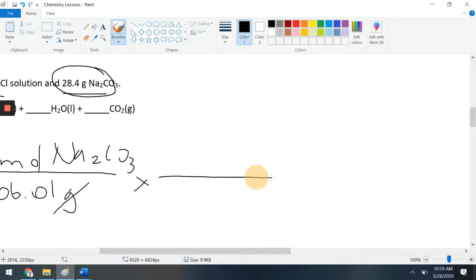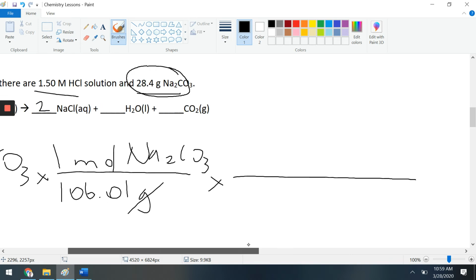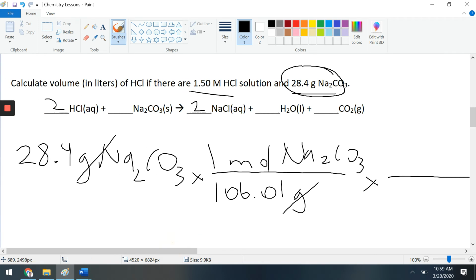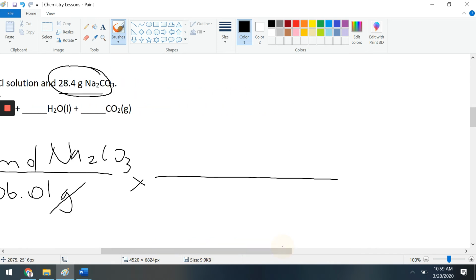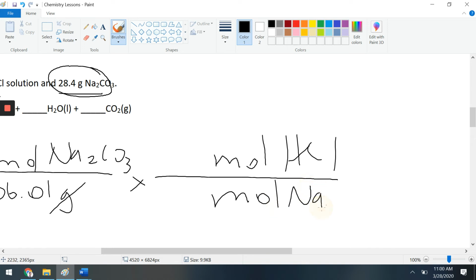Okay, what's next? Notice the problem is asking you to find the volume of HCl. So which means we're going to have moles of sodium carbonate. So it's kind of the same as before. You got to go from moles of sodium carbonate to moles of HCl. So you got to use the mole ratio. So moles of HCl at the top, of course, moles of sodium carbonate at the bottom.